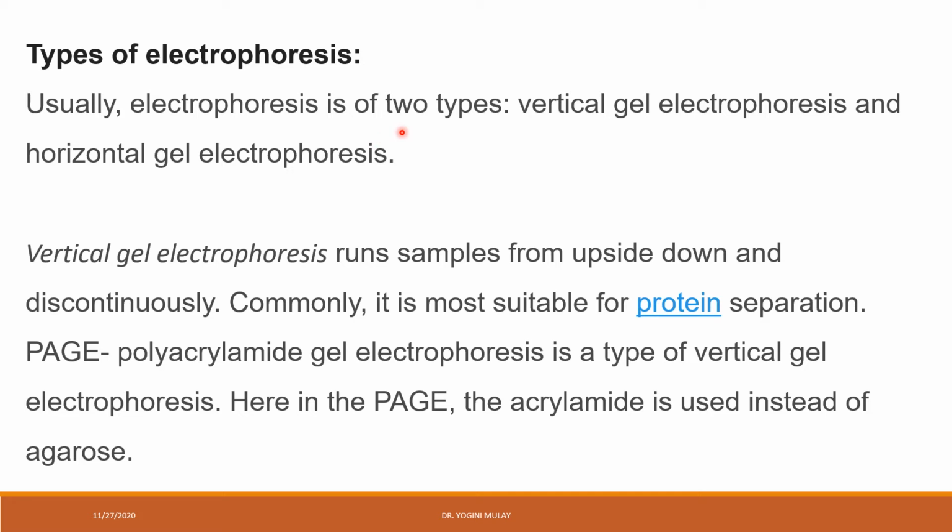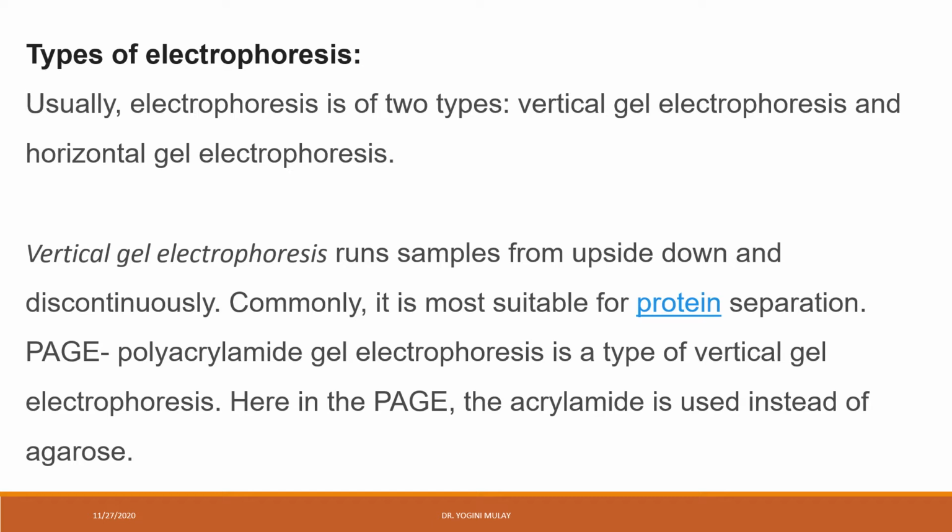Usually, electrophoresis is of two types. One is vertical gel electrophoresis, and the second one is horizontal gel electrophoresis. In vertical gel electrophoresis, the sample runs from top to bottom and discontinuously.